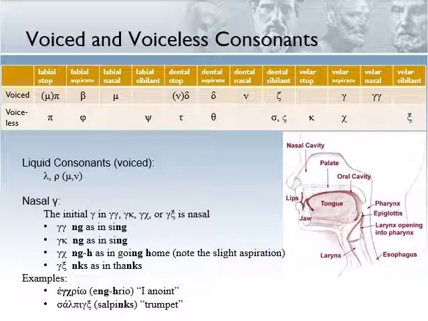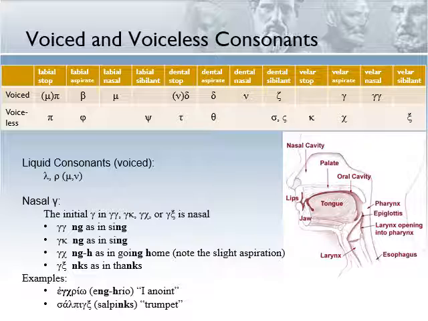So the sigma is an S sound, alpha, short A. The lambda is going to give us our L sound. The P is a P. Then iota is the E. Remember that phonetic I sounds like E. And then we come to our nasal gamma.